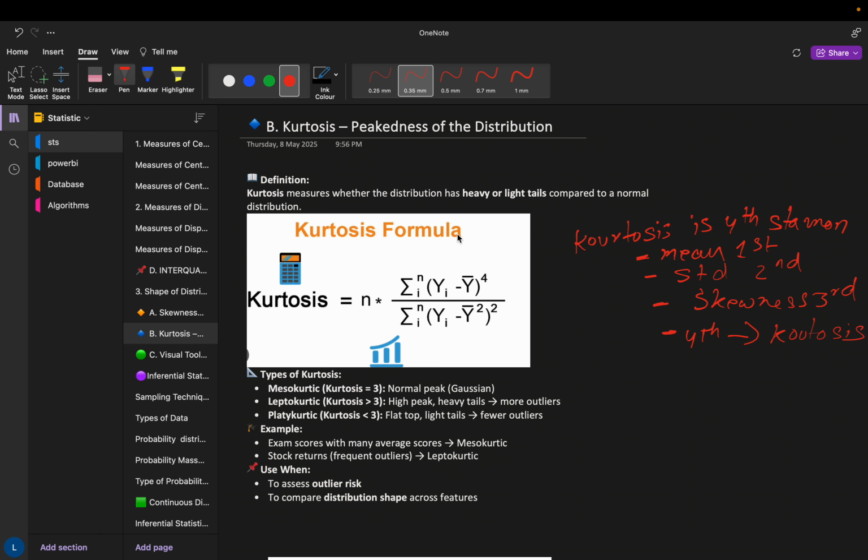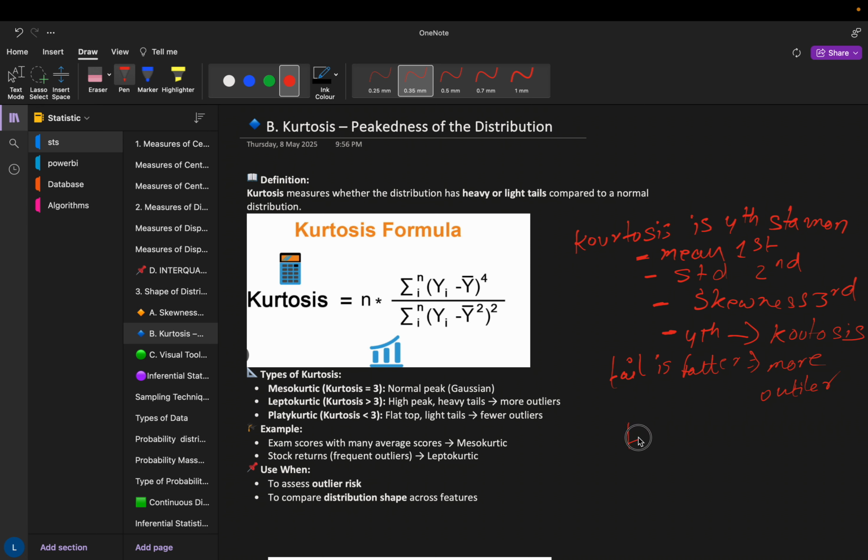it is normally used to measure how heavy or flat the tail is. When the tail is flatter, it indicates more outliers or extreme values. All right.